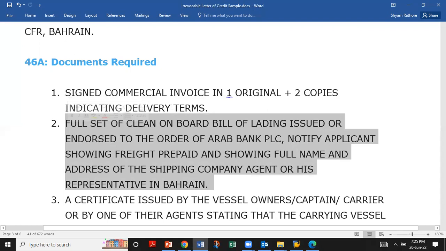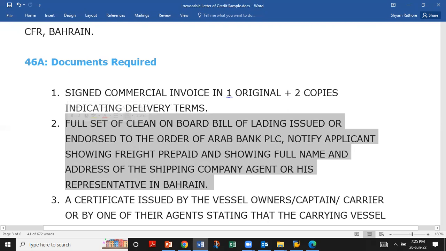It is issued or endorsed to the order of Arab Bank PLC. So which bank's name do we need to mention in "to the order of"? Arab Bank, which is the applicant bank, the importer's bank. We need to mention that bank name in the bill of lading.